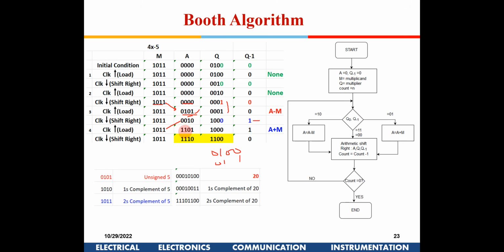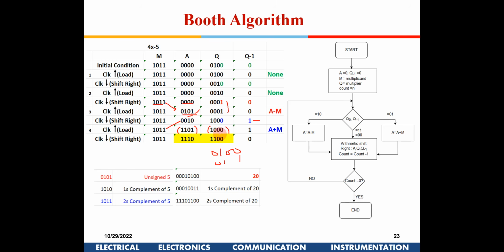When I'm adding, if it is generating a carry, neglect it. That's what we do in 2's complement. Remember that whenever you are doing such problems, when you are adding these numbers, if it is generating a carry, just neglect that. You just have to write the sum out here, and then you do a shift operation.